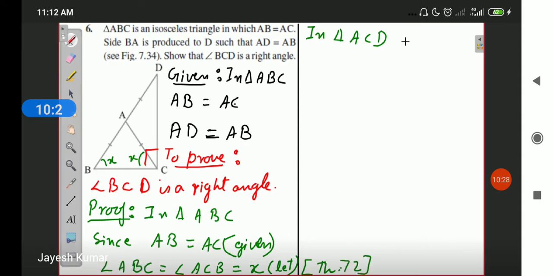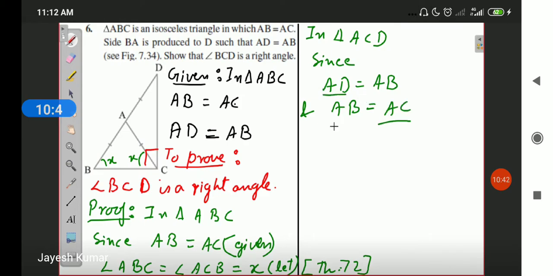Now similarly, in triangle ADC, since AD is equal to AB and AB is equal to AC, that means AD and AC should also be equal.